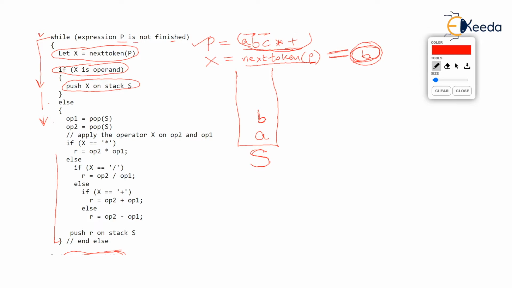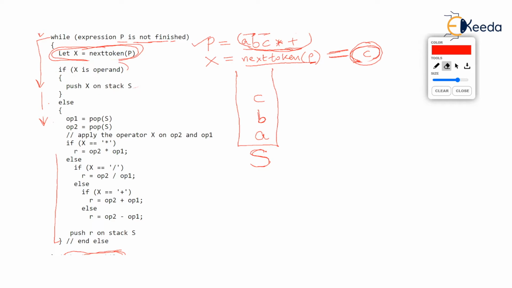Yeah, it is not finished. Lot of tokens still pending. So we again take out the next token. The next token of P this time is going to be C. After A and B, C is the next token. And check that it is also an operand. So I will push C on the stack. And else will be dropped. And we are back to while.